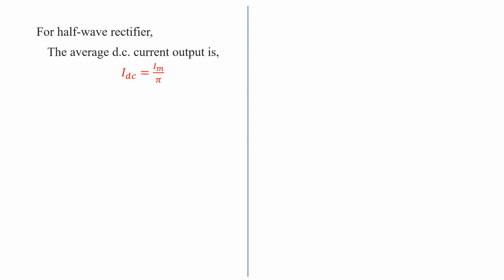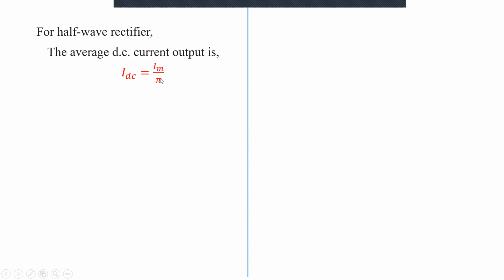That's why only the term pi appears. If the total cycle appeared as DC output, then 2 pi would have to be taken. But only during the positive half cycle are you getting the output. That's why the DC current at the output is Im, the peak current, divided by pi.